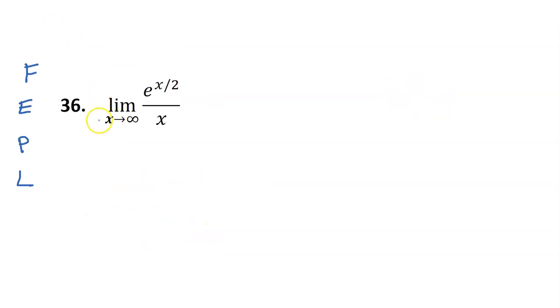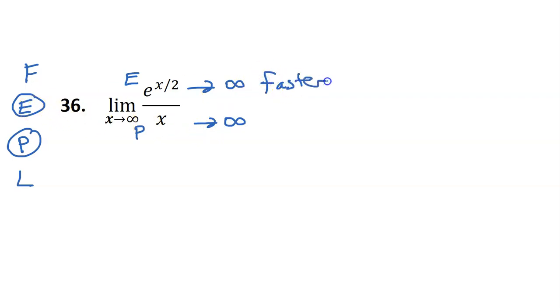And yes, we could have solved this using FEPL from Unit 1. In the numerator, we have an exponential expression, and in the denominator, we have a polynomial expression. So while the numerator is approaching infinity and the denominator is also approaching infinity, the exponential expression grows faster, and the polynomial expression grows slower.